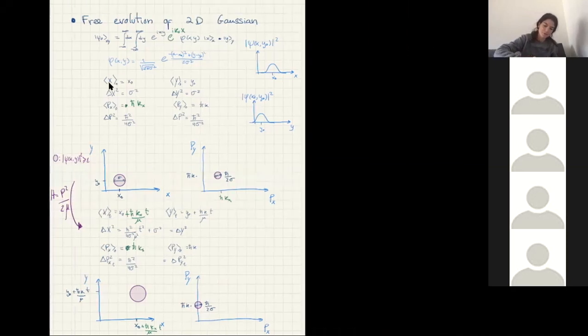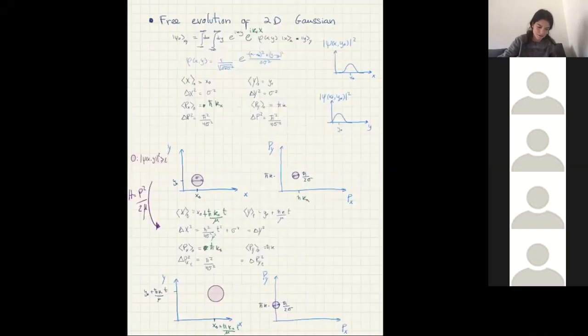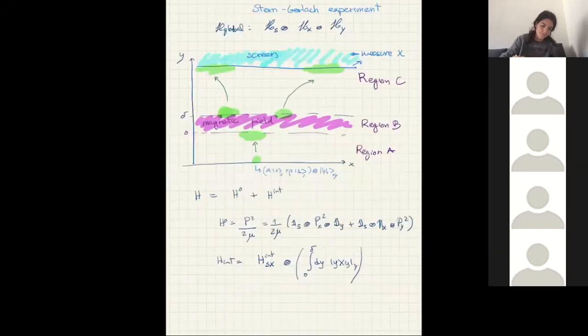So let's just recap what we had from the Stern-Gerlach experiment. Again, the global Hilbert space is the internal Hilbert space of the electron, which is a qubit for spin, and then you have the x position and the y position. And the experiment is such that first we start with a Gaussian wave function in the position, times something that we don't know in the spin.